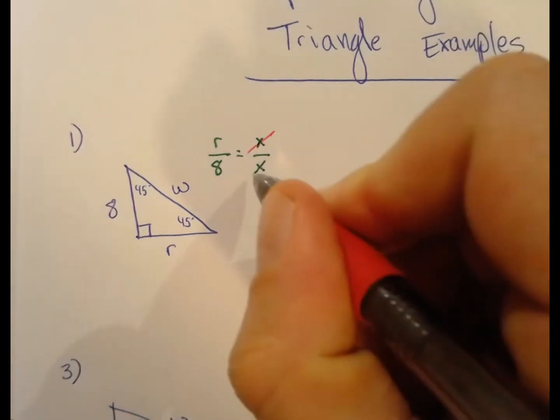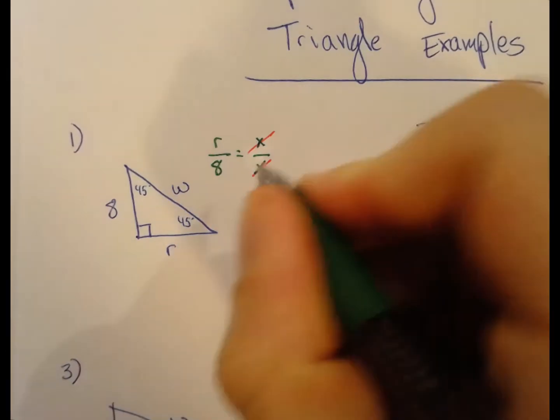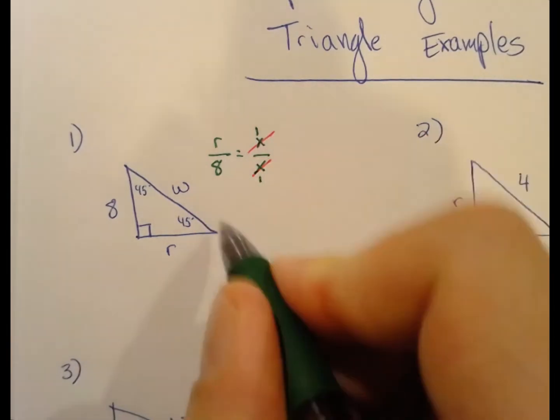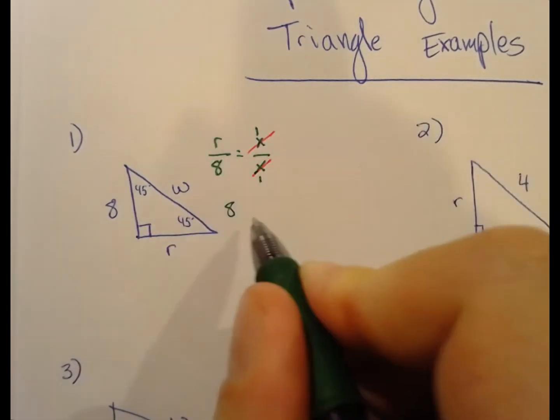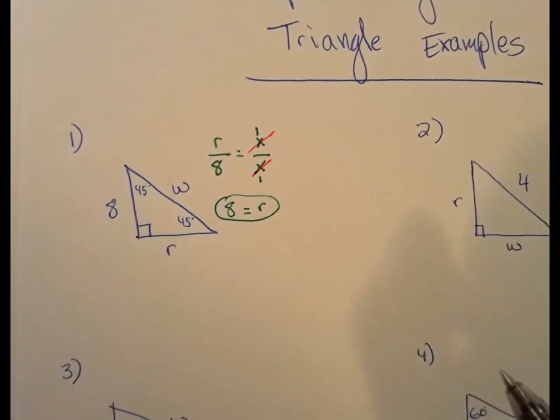The first simplify means just cross the X's out. It always works out that way. You always have an X from the constants of proportionality. And now when we take the cross product, 1 times 8 is 8, R times 1 is R, and that is the answer for R.